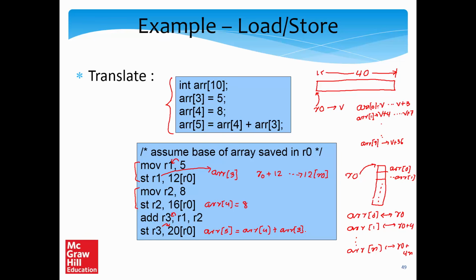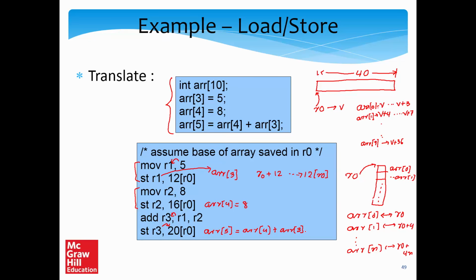By this time, the advantage of using a base offset addressing mode should be clear: it allows us to implement arrays. We can save the base address of an array, and then use the offset to access different elements of the array. We always need to be mindful of the size of an element.